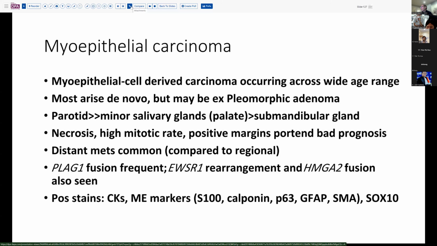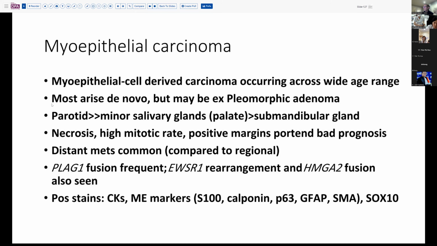All right, so now let's talk about myoepithelial carcinoma. This is a tumor that can occur even in young people, late pediatric, post-adolescent age group, on up through advanced adulthood.